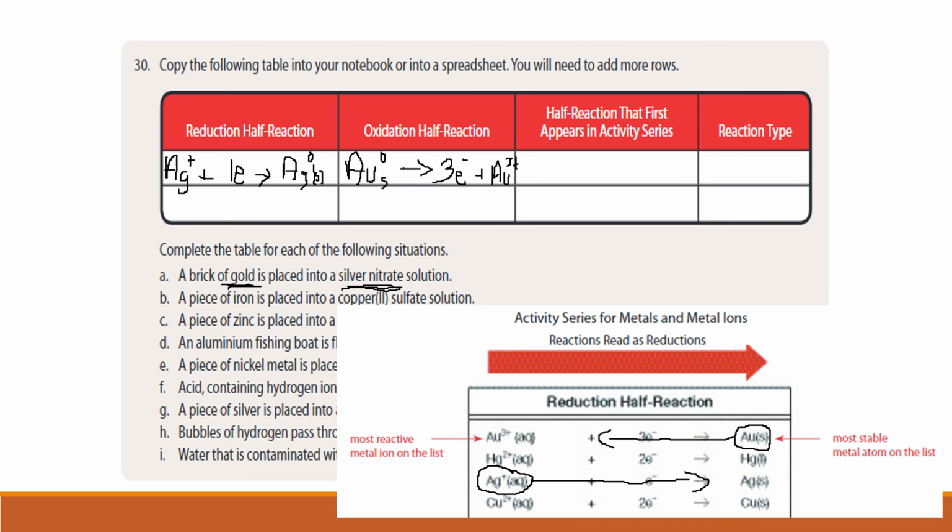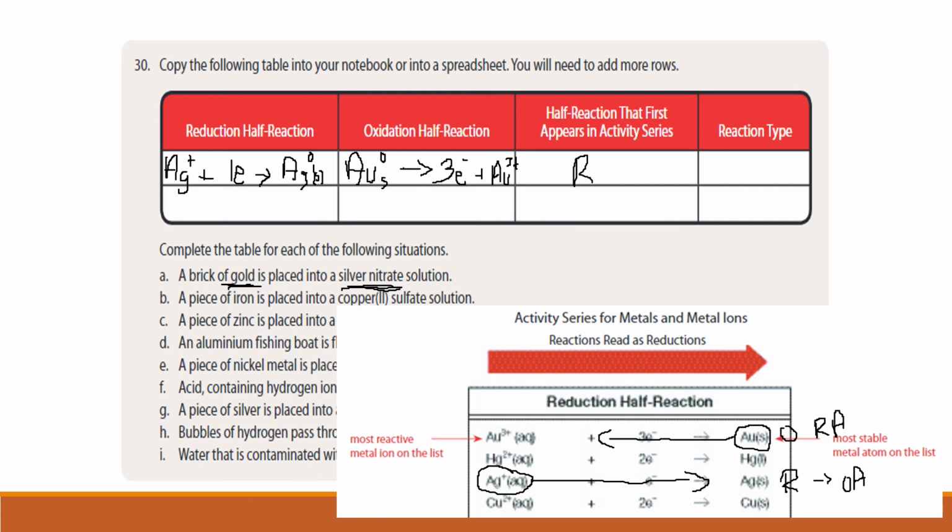And now, what reaction happens first? Is my oxidation reaction this one? Remember, this is the oxidation reaction, so this would be my reducing agent. This would be my reduction reaction, which is my oxidizing agent. So which one appears first?